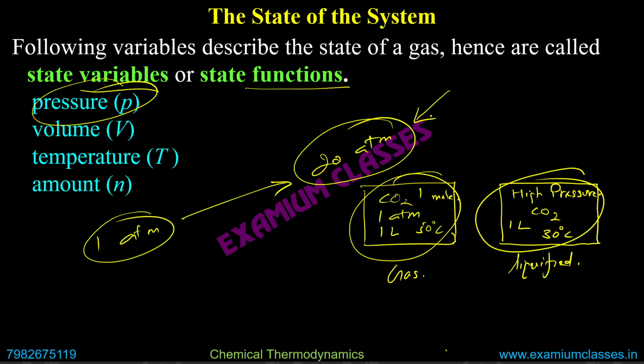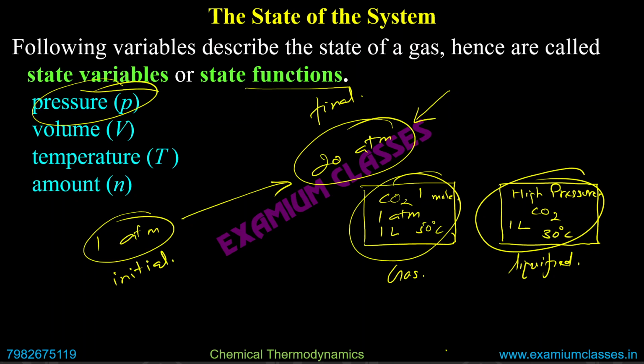The state will be exactly the same whether you brought about this change of 20 atm in 1 minute or 1 hour. Because it does not depend on the path or on the time, that's why this is a state function. It only depends on the initial and final state. Whatever the change, it depends only on the initial and final state, not on how you changed it.